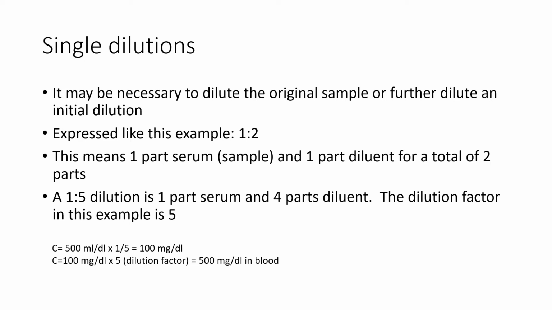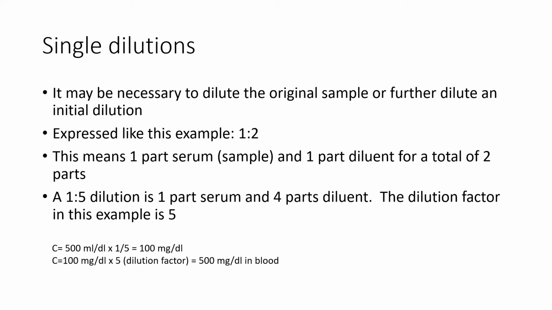C equals 500 milligrams per deciliter times 1/5 equals 100 milligrams per deciliter. Okay. Note that the concentration of the final solution is expressed in the same units as that of the original solution. To obtain a dilution factor that can be applied to the determination answer and express it as a concentration per standard volume, proceed as follows.